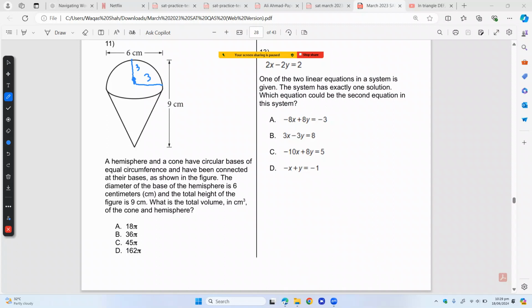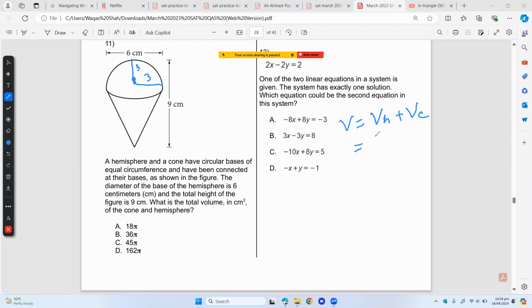For that we have to use the formula of volume of hemisphere and the formula of volume of cone. So the volume is equal to the volume of hemisphere plus the volume of cone.